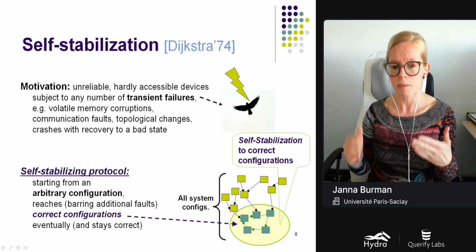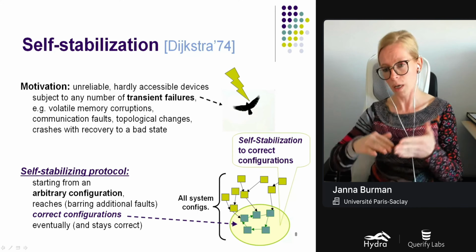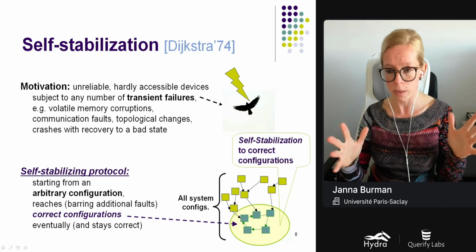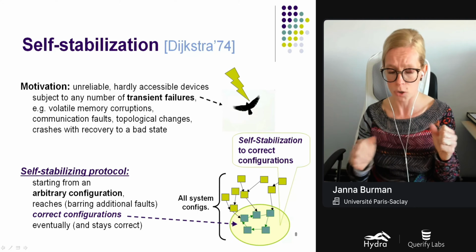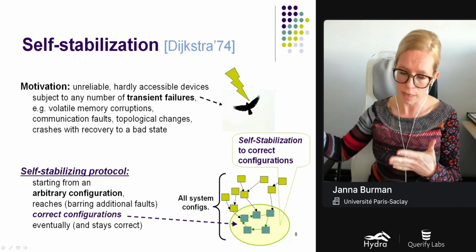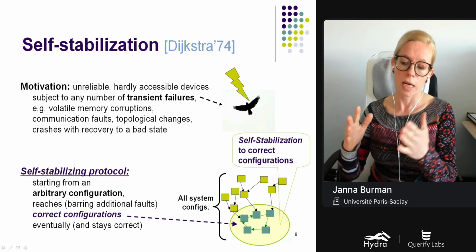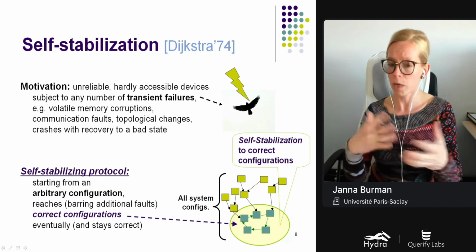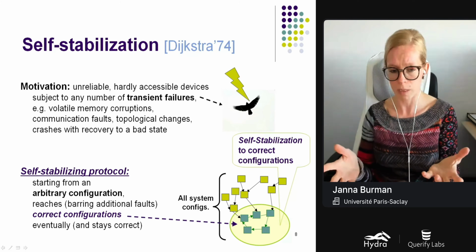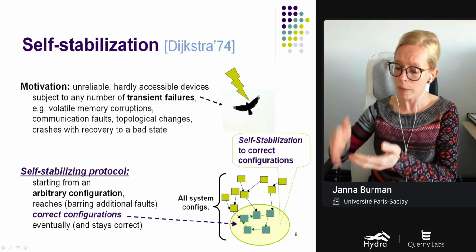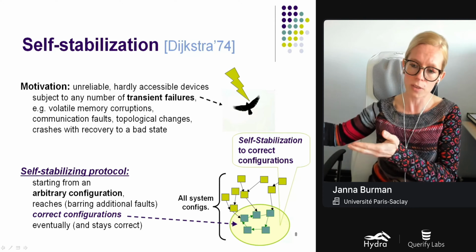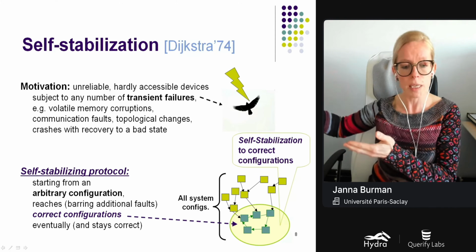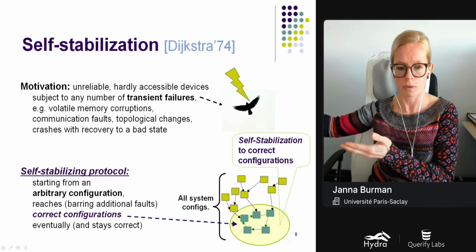It doesn't mean that in the execution we can have failures only at one moment. We can have them at any time, but we need these faults to stop at some moment. We have corruptions, our system is in some arbitrary configuration, but after that moment, if we have enough time without failures, we can recover a good behavior.